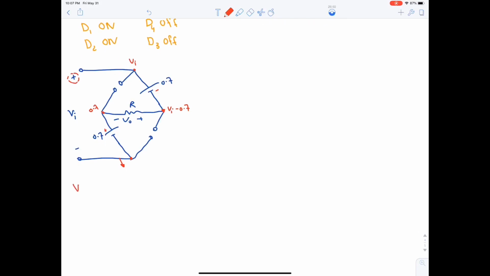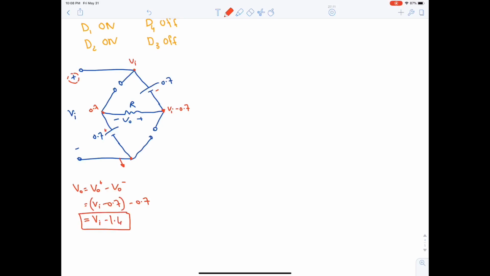So V output is VO positive minus VO negative. VO positive is VI minus 0.7, and the negative value is 0.7. Hence the output will be VI minus 1.4.